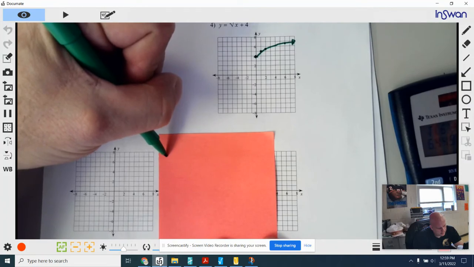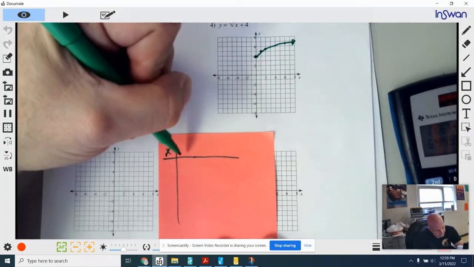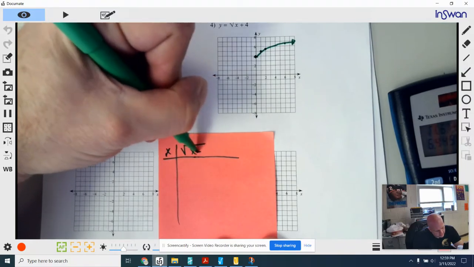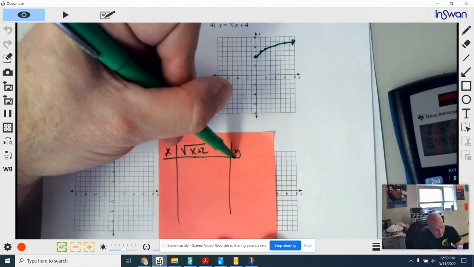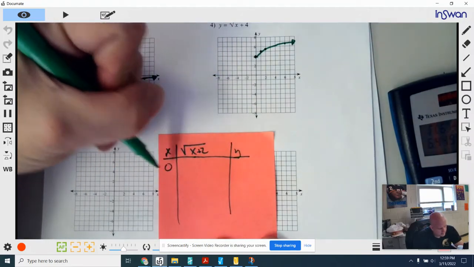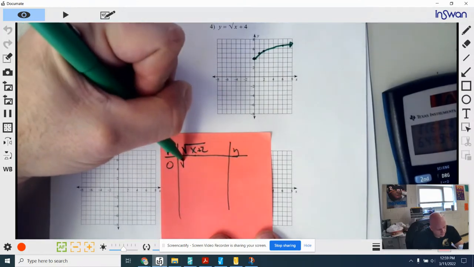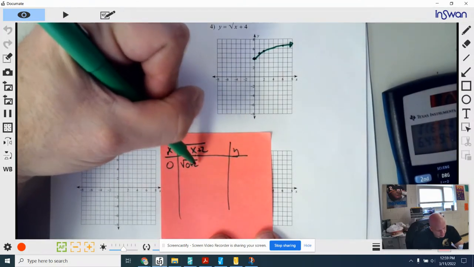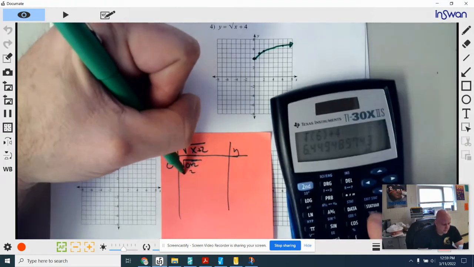Okay, so I'm going to do my x. And then I have the square root of x plus 2. And then my y. Okay, if I plug in a 0, like we've been doing before. So the square root of 0 plus 2. Well, 0 plus 2 is just 2, so we're doing the square root of 2.